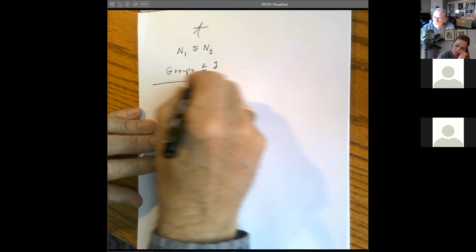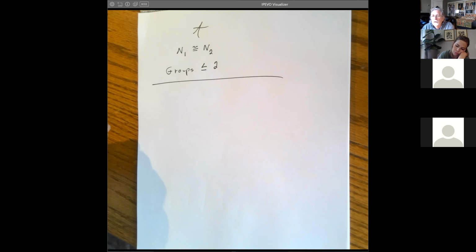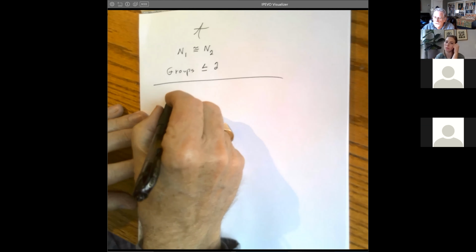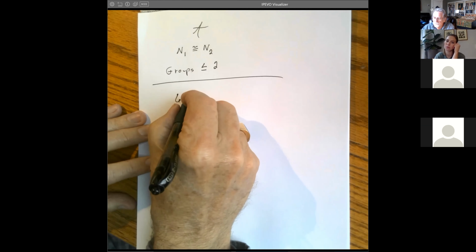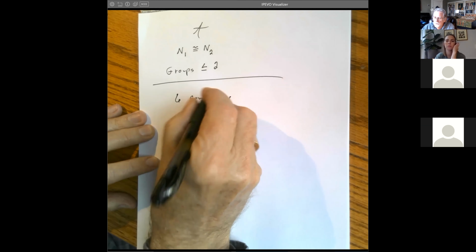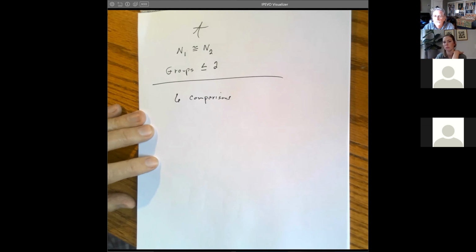And so let's say that you have 4 groups. 4 dosages that you want. In fact, the example I'll use in ANOVA is 4 dosages. Let's say you have 4 doses. If you were to make all the comparisons between 4 doses, that would be 6 different comparisons between 4 groups.